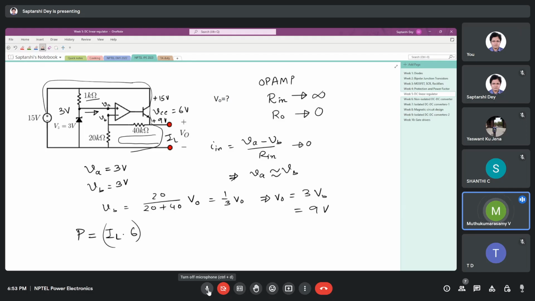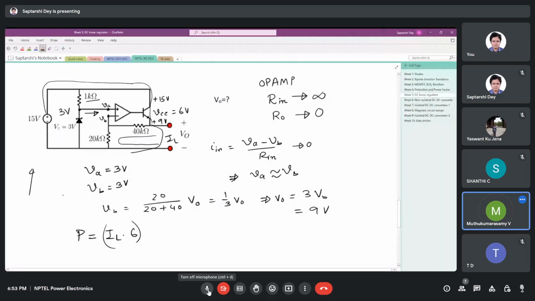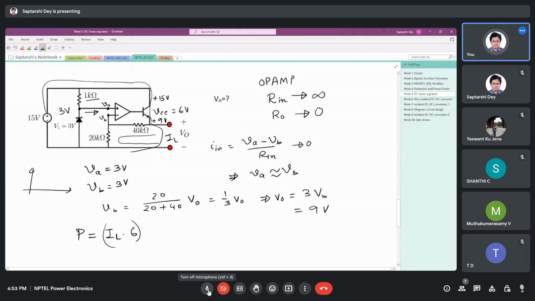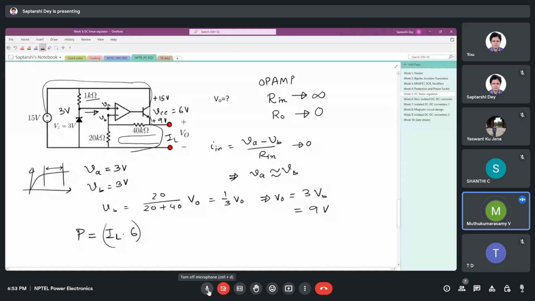So this output BJT is on. No, it is in active region. You see this much of voltage drop across it. It is operating somewhere here. So this is the VCE.